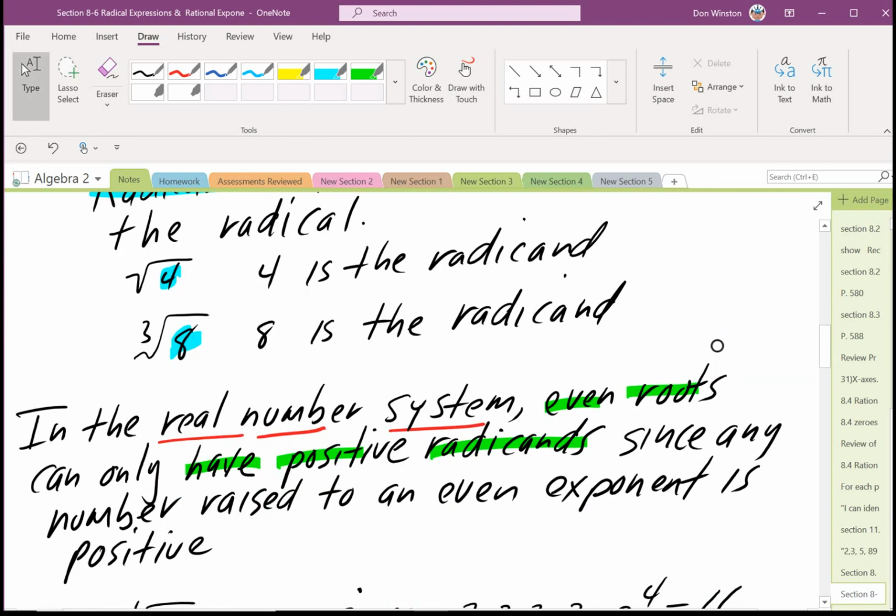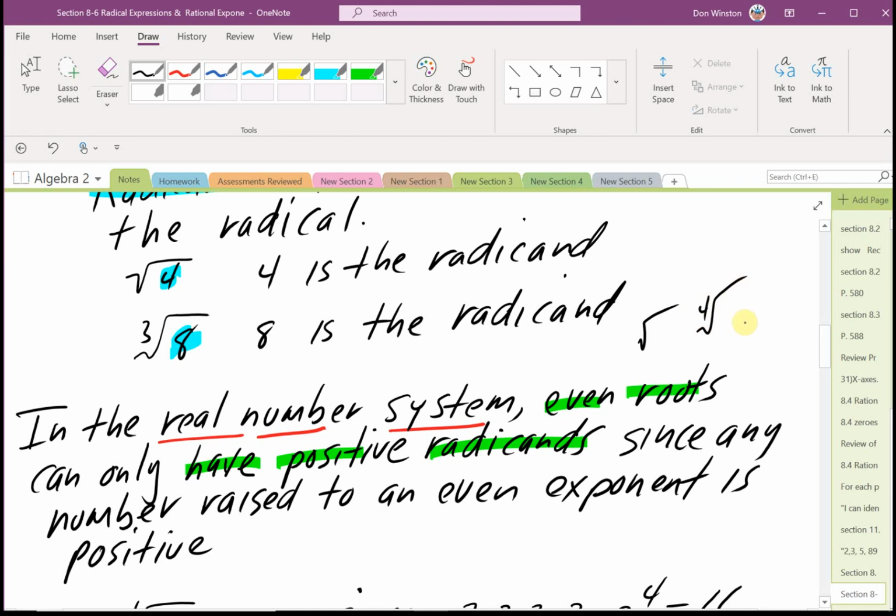Here's an important point. In the real number system, we're not talking about imaginary numbers, just the real number system. Even roots, 2, 4, 6, 8, 10, 12. A square root is even. The cube root would not be even, that would be odd.